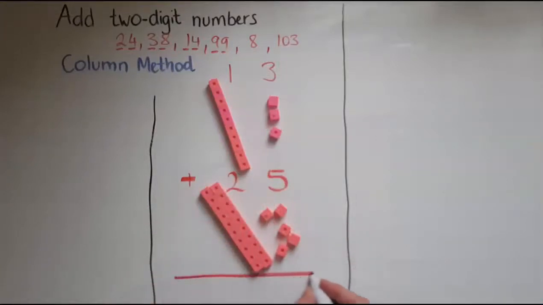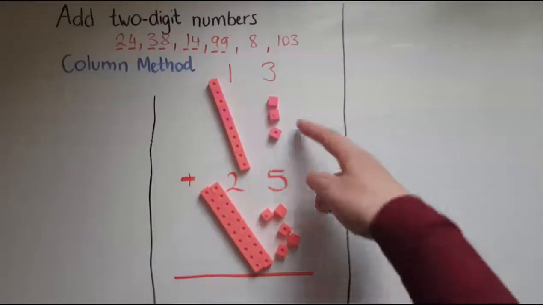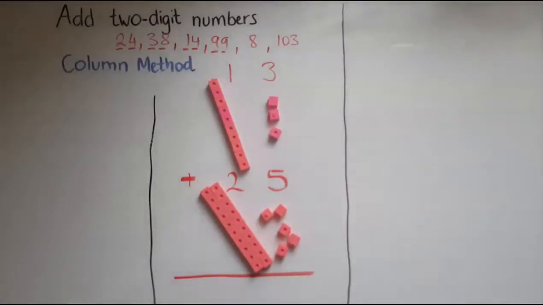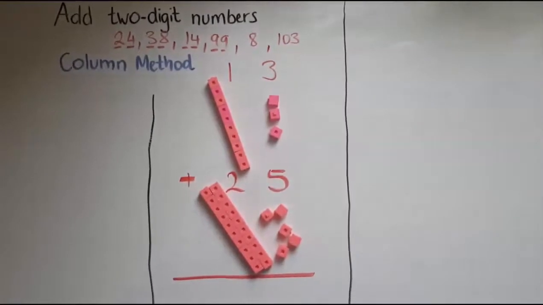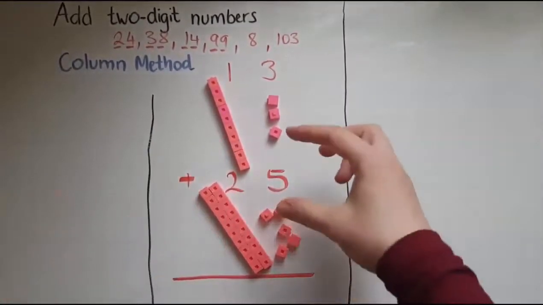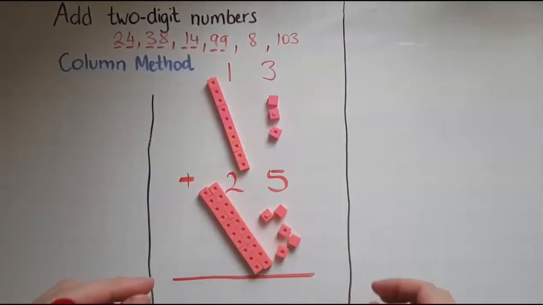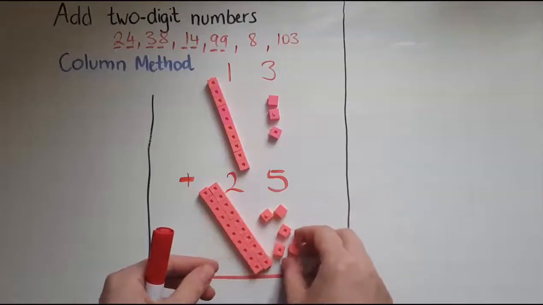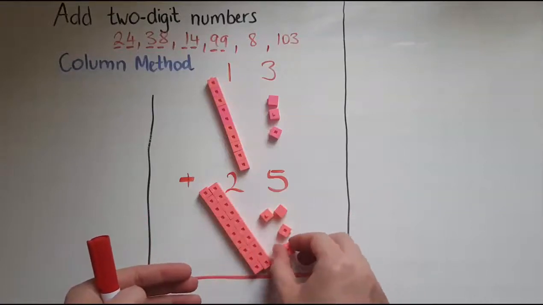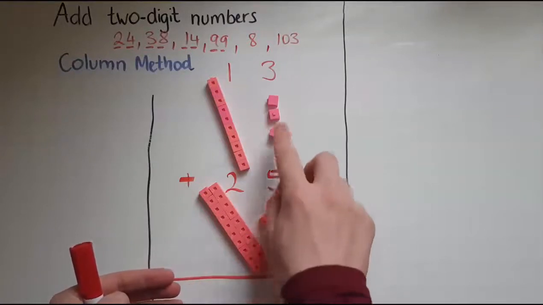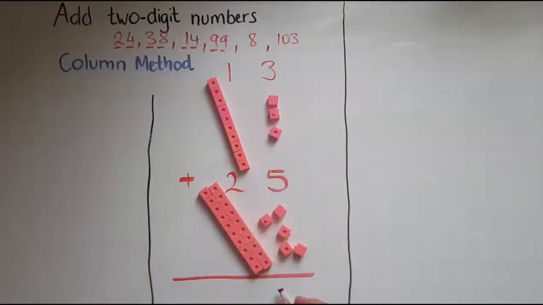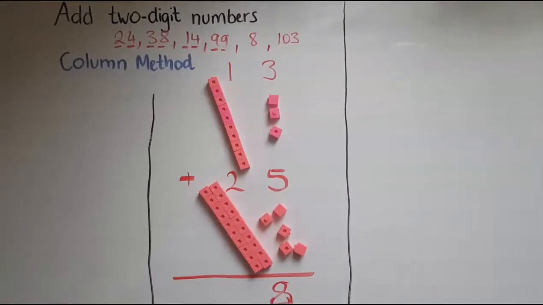How much does this add to? So I'll start adding the cubes, the units, because I might be able to make a block of 10 with them and transfer them to the tens. So let's see, what do I have? When I put these together, I've got 1, 2, 3, 4, 5, 6, 7, 8. So the units make 8.